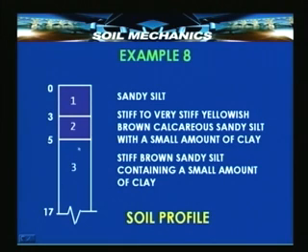Let us take layer 3, ranging from 5 meters to 17 meters, and to some extent layer 2, which also contains a little clay, to be compressible. That means we will take the total thickness of the compressible layer to be 3 to 17, or 14 meters.